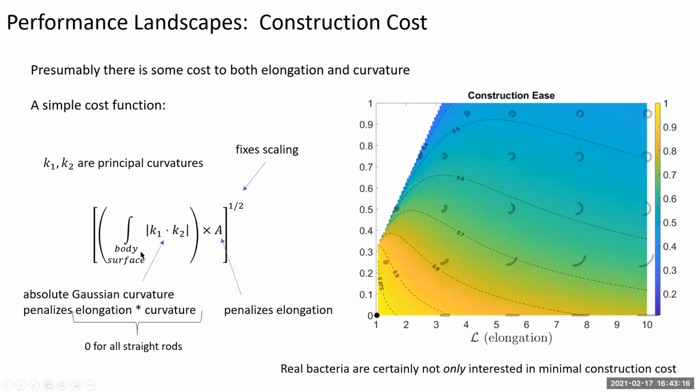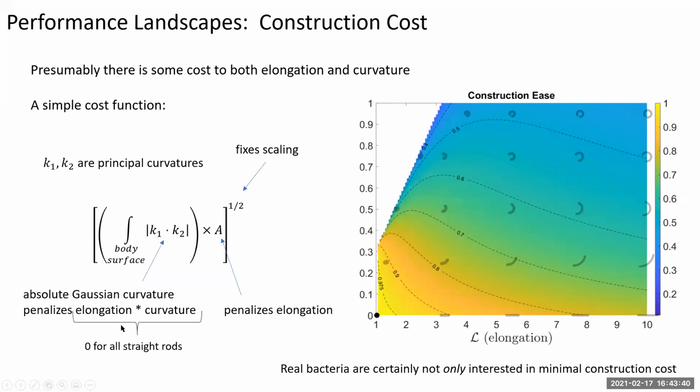So I took the absolute value of the Gaussian curvature to penalize anything that wasn't smooth, no matter whether you were poking out or in. I integrated that over the body surface to get a single number for how sharp the body is in general.